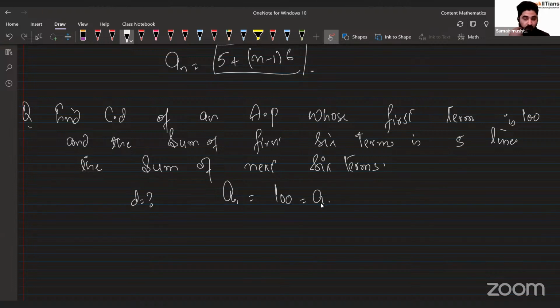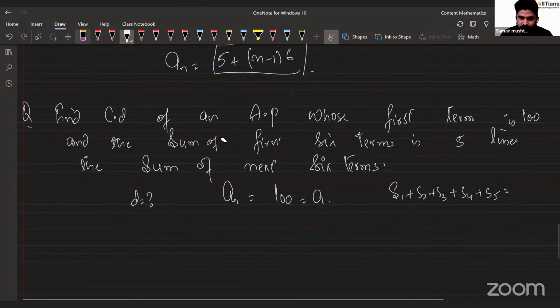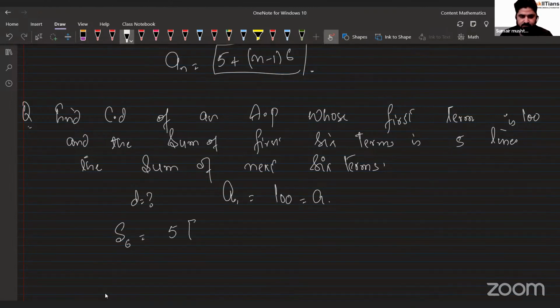We also denote it as A. Sum of the first six terms is equal to 5 times the sum of the next six terms, that means A7 plus A8 plus A9 plus A10 plus A11 plus A12.